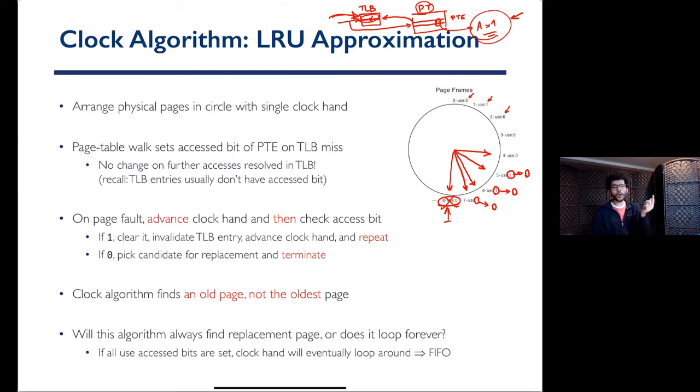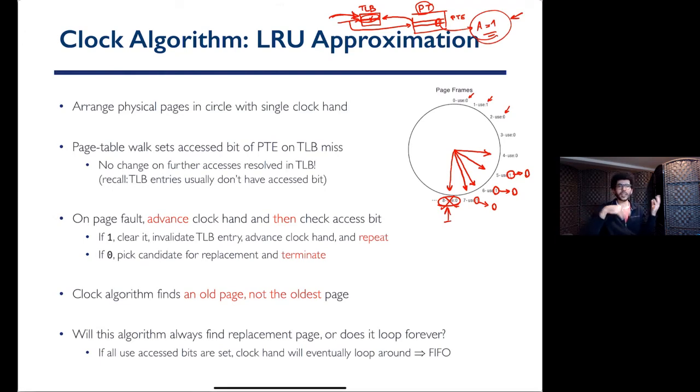Now, what happens if all the access bits are 1? You're going to go through all of them once and make them all 0, and then come back to the first one and pick it. So it kind of becomes like FIFO, right? All of them are 1, and then you come back to the one that you started with, which you have made 0, and you evict that one.